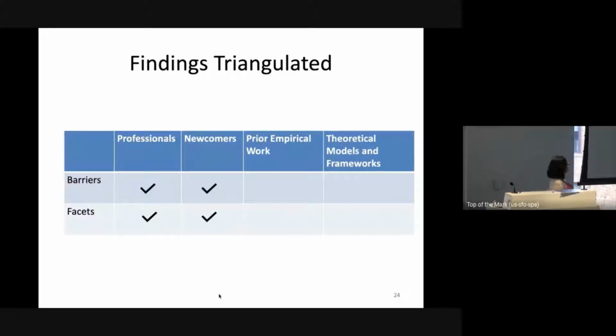We also wanted to find out if the barriers or the gender biases that the teams were finding in their own software were actually triangulating with newcomers. So we looked at the diaries of students. This was a semester-long course in open source, and basically, at the end of the semester, they would have to make a contribution to open source. We looked at the data, and what we found, fewer women than men.